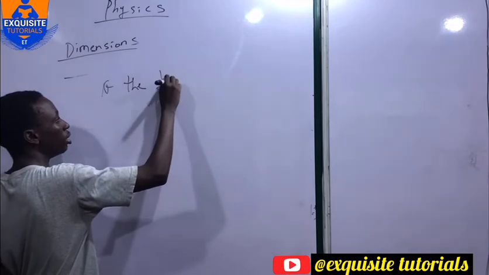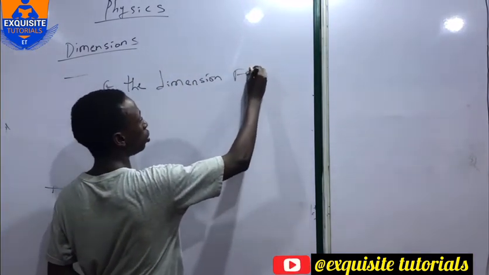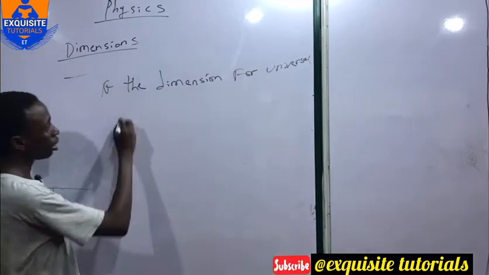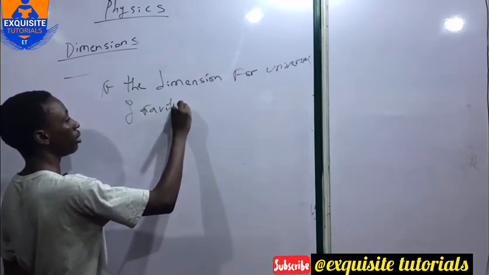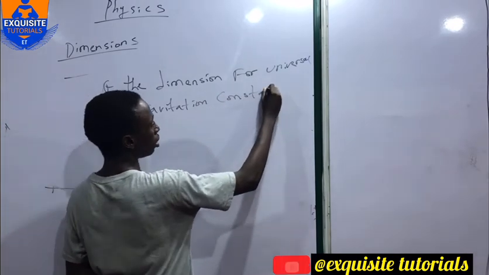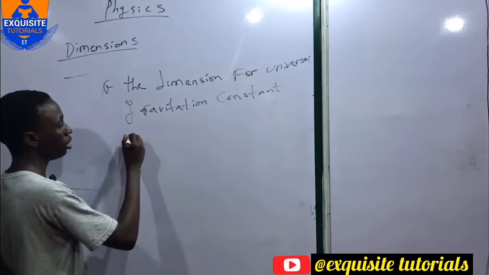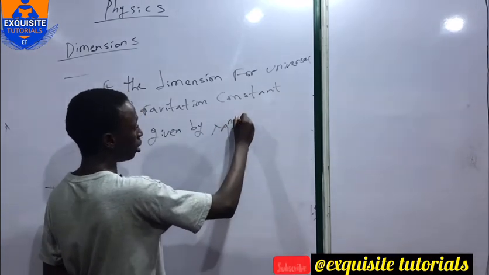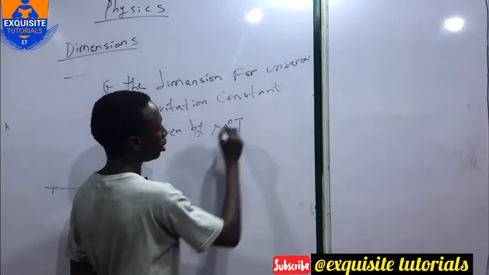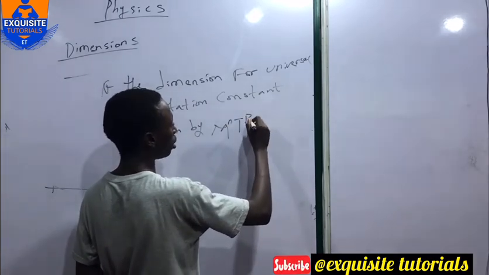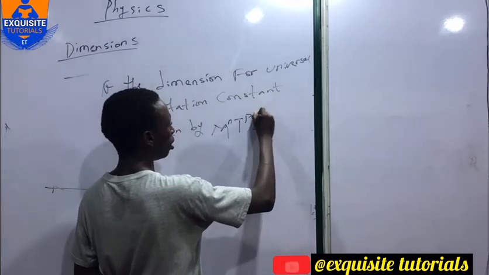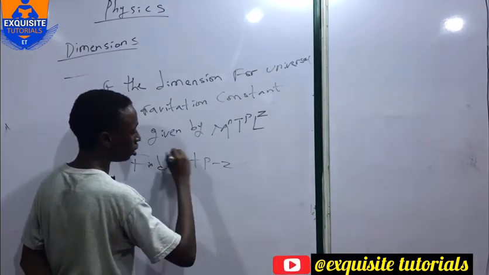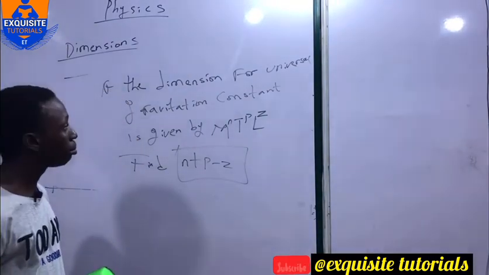If the dimension for universal gravitational constant is given by M^n T^p L^z, find n plus p minus z. Let's see if we are given this kind of question.